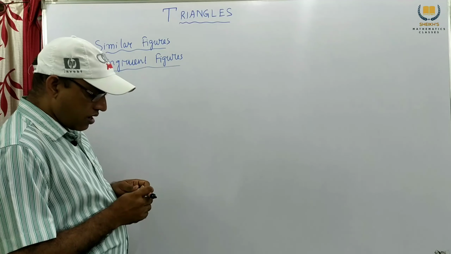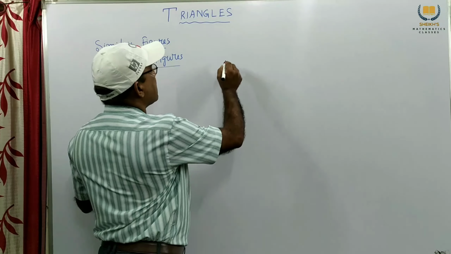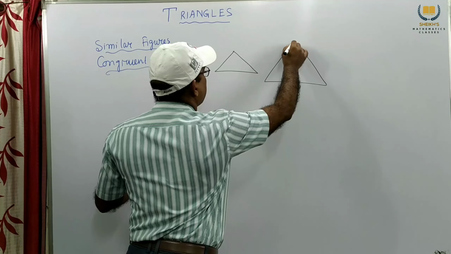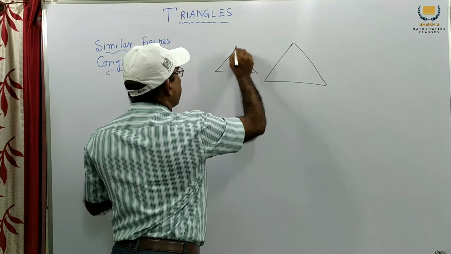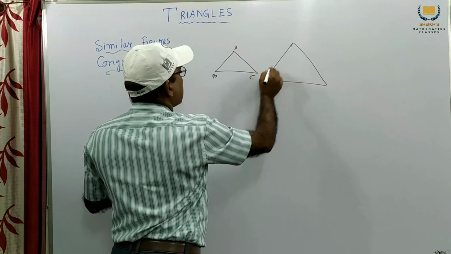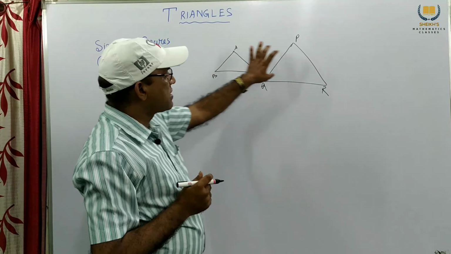Suppose two figures are given. This is a triangle. This is another triangle. These two figures are given. This is ABC and this one PQR. This is small, this is greater.